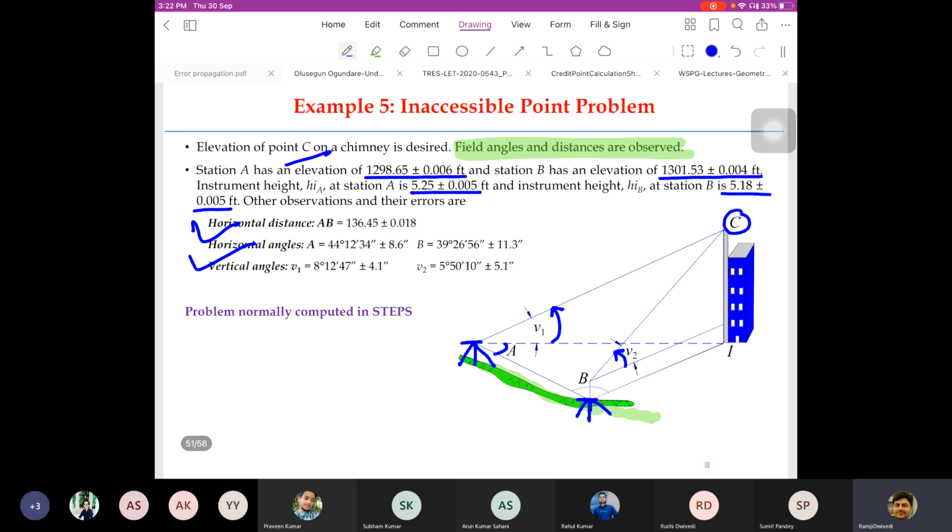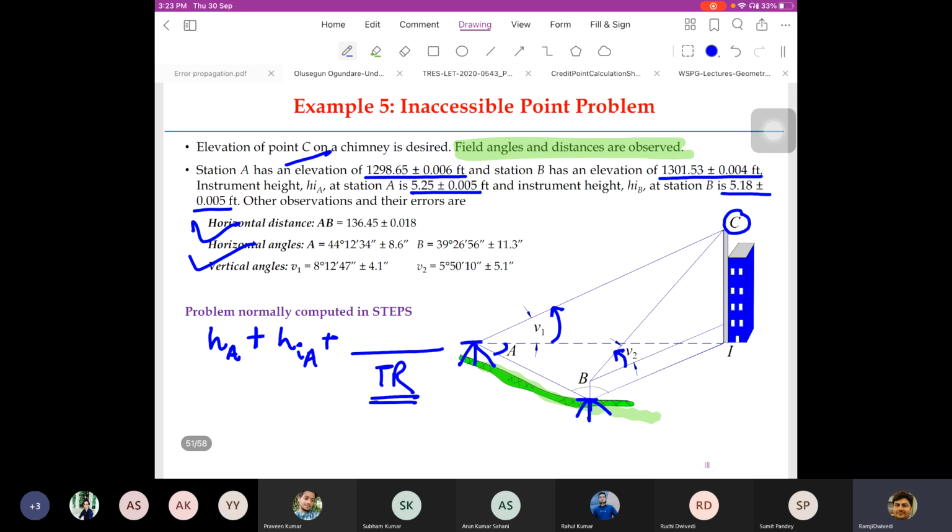So in that process, you have the height of point A plus the height of instrument at A plus the trigonometrical relations.